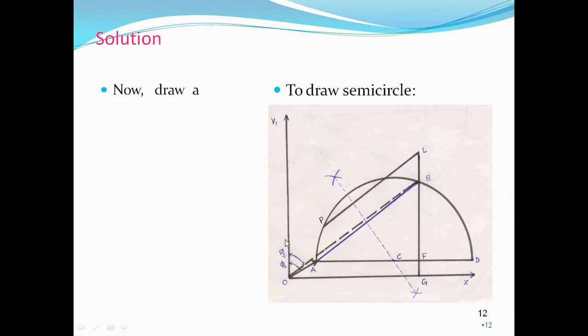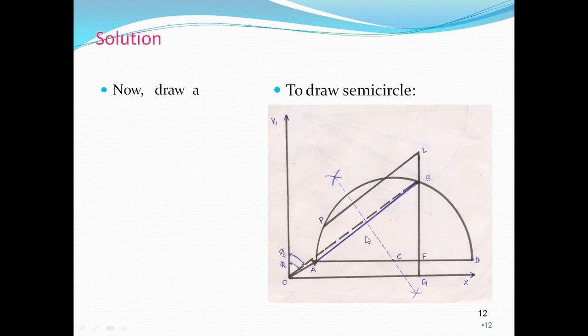First you draw the vertical axis and horizontal axis, that is OY and OX. From I naught, that is OA, draw at an angle of phi naught, and next draw OB at an angle of phi_SC.